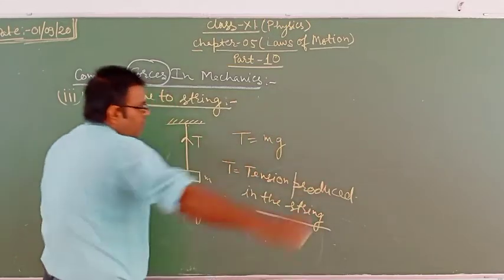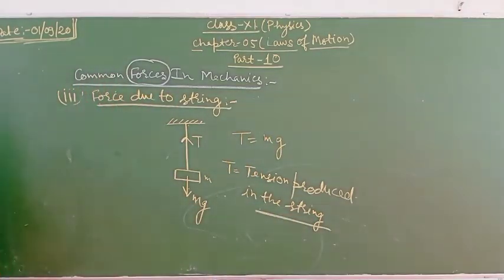So, dear students, we can say that when a body of mass m is fastened with the string, then the weight of the body acts downward, while a force acts just opposite to the downward force for balancing it, and this force is called tension. So we can define tension here also.